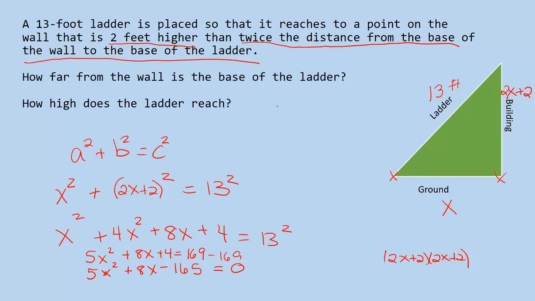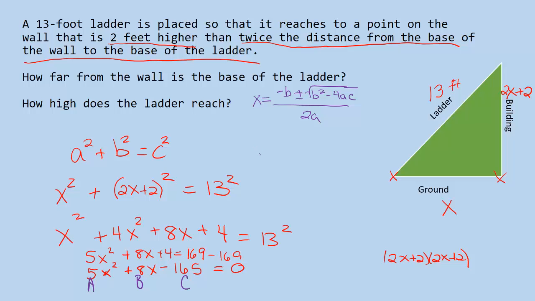In our example, the quadratic formula: x is equal to negative b plus or minus the square root of b squared minus 4ac, all of that over 2a. So looking down here at my equation, I can see that my 5 is my a, b is going to be my 8, and c is my negative 165.